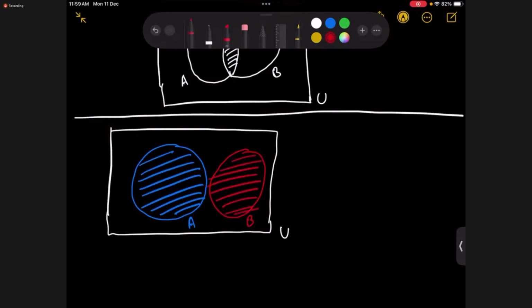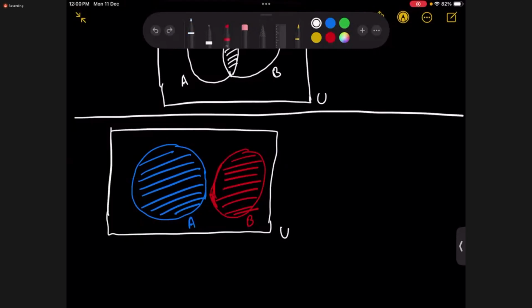So one thing you can clearly see is that A and B are disjoint. Okay, so whenever we are considering A and B which are disjoint, they have no common element, right?